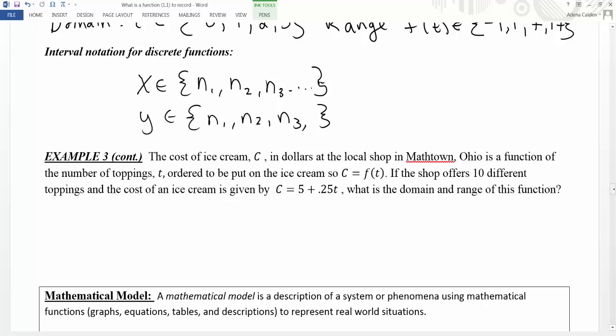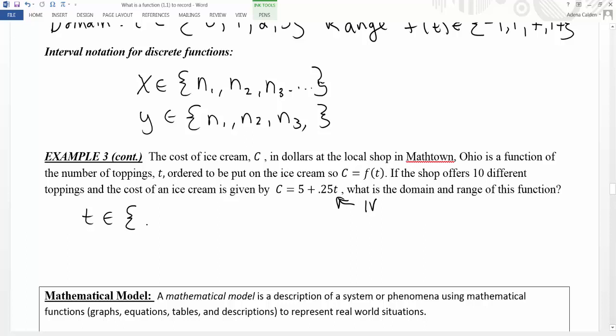So the domain here are the different values that we can pick for the independent variable. Remember, your independent variable here is t. So when we talk about the domain, we're going to list it as t is an element of. Now we have to consider the different values that t can take on. Now here, the shop offers 10 different toppings. So that means we could take 1 topping, 2 toppings, 3 toppings, 4 toppings, all the way up to 10.